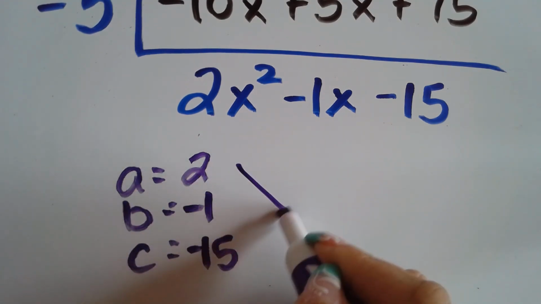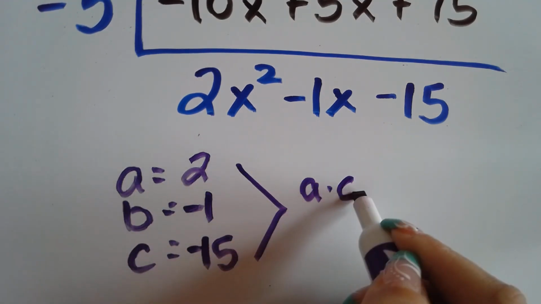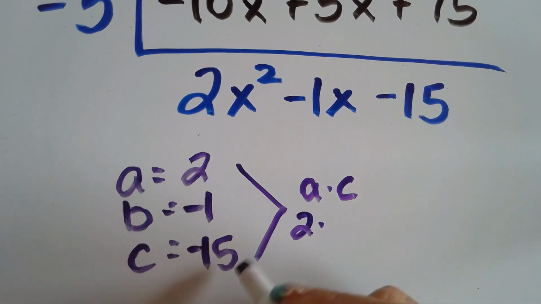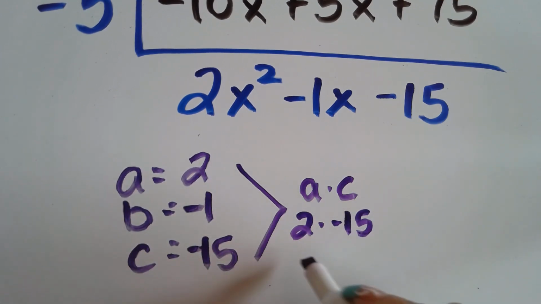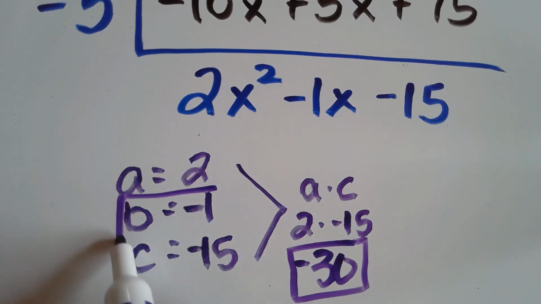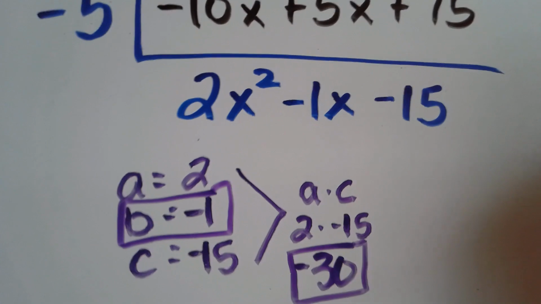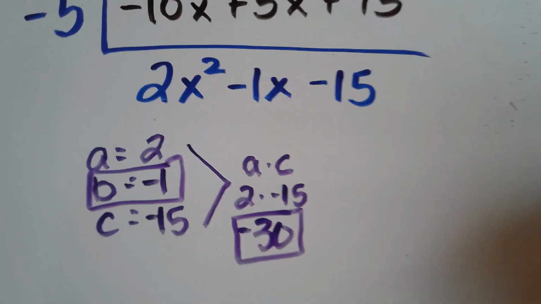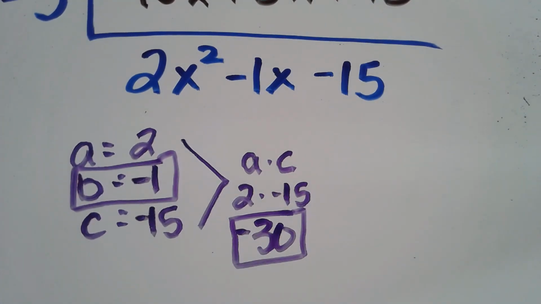So now our next step is we have to do A times C. So A is 2 times C is negative 15, so 2 times negative 15 is going to be negative 30. That's really important. Go ahead and identify what your B is because these are going to be important as we go ahead and figure out that little puzzle piece.